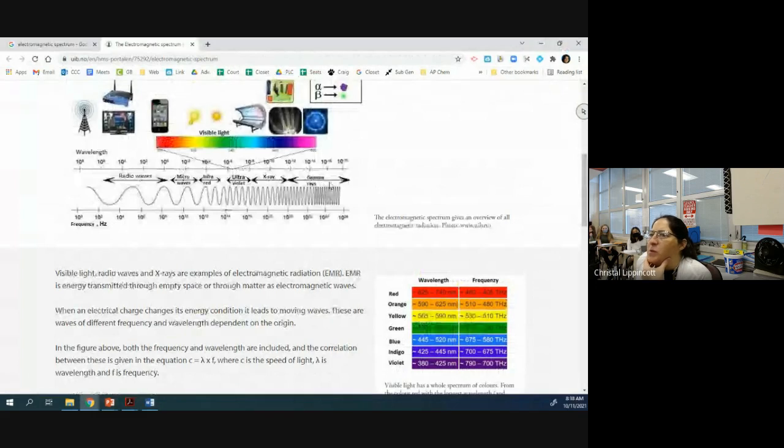The difference between these is the frequencies, how fast that energy happens to hit you. For radio waves, it's not going to hit you very fast, so you don't get a lot of energy. It's just like boom, boom. But when you get up to gamma rays, it's rapid, and it's going to cause damage. UV is here.